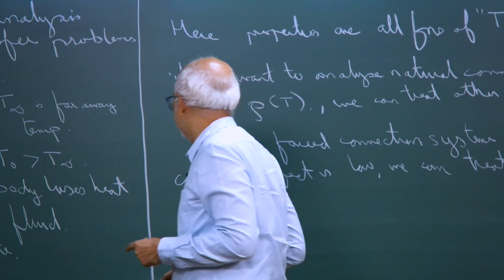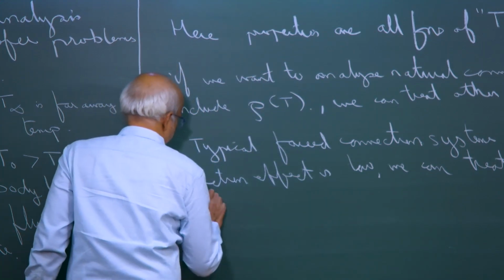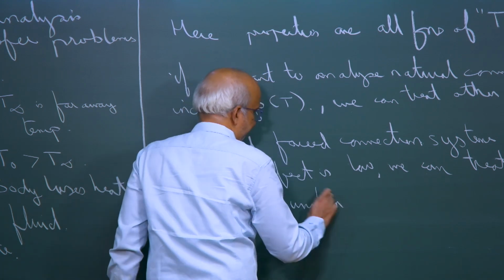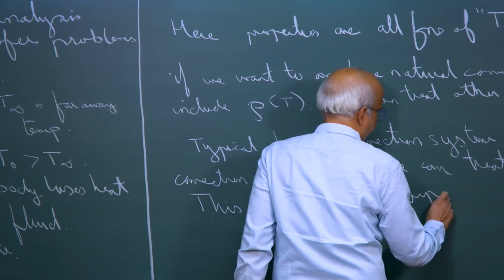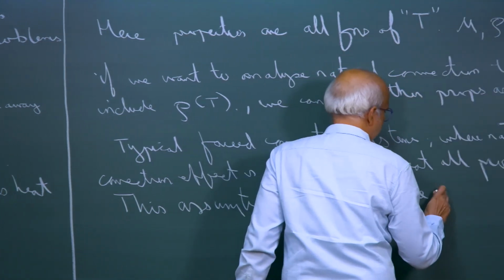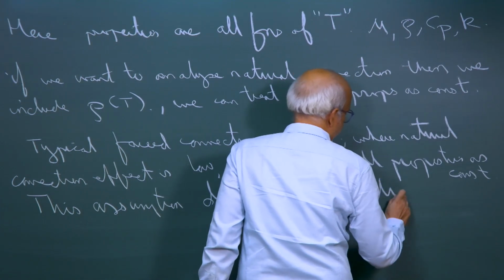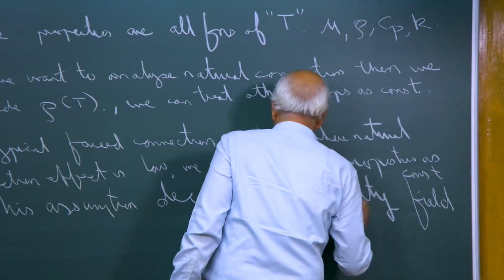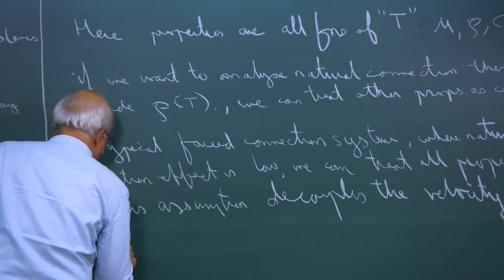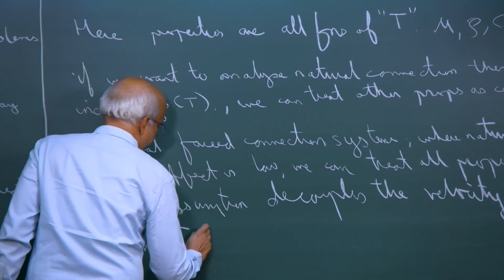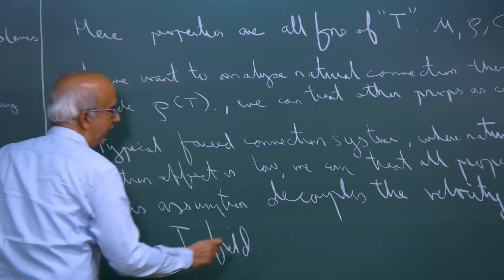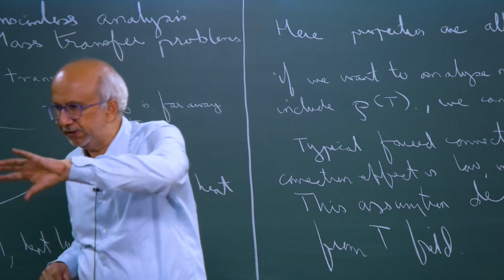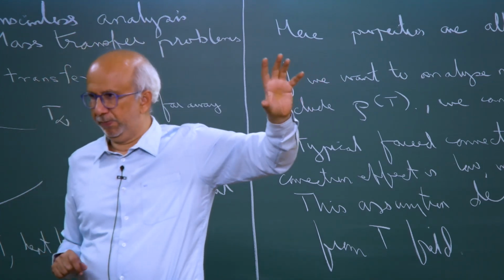So, basically this assumption decouples the velocity field from the temperature field. It is a one way coupling. The velocity field affects the temperature, but the temperature does not affect the velocity by making this assumption.